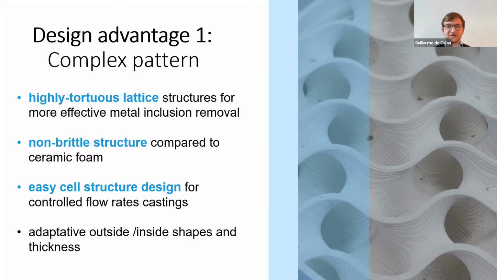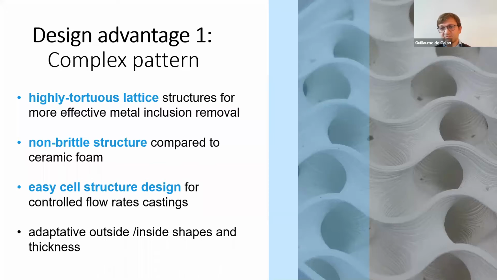The idea was really to make a highly tortuous lattice with a non-brittle structure, and that's really important. We wanted to have small features, high tortuosity, but we still wanted the part to be non-brittle and to avoid very thin structures at some point that could break during pouring the molten metal.